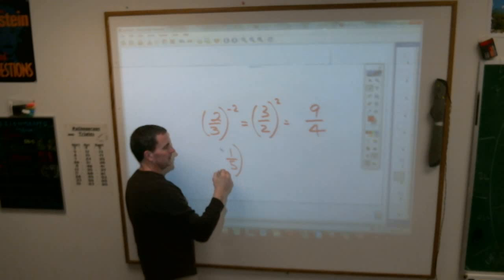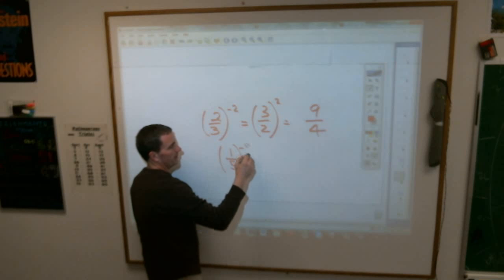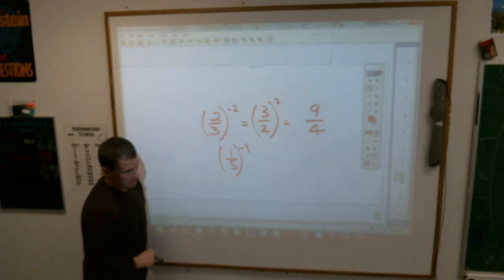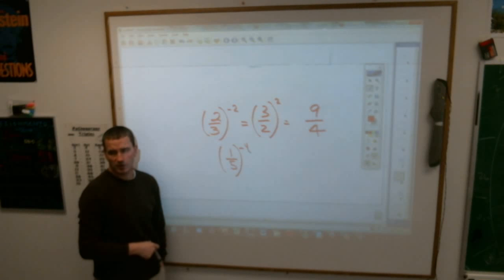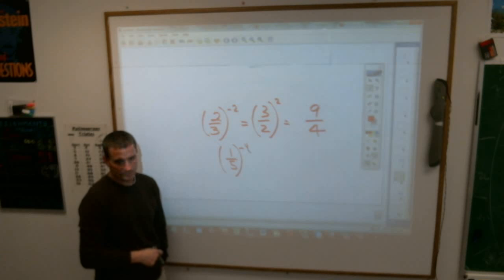1/5 to the negative 4th power is the same thing as, somebody tell me that. Danny, 1/5 to the negative 4th power is the same thing as what? Exactly.